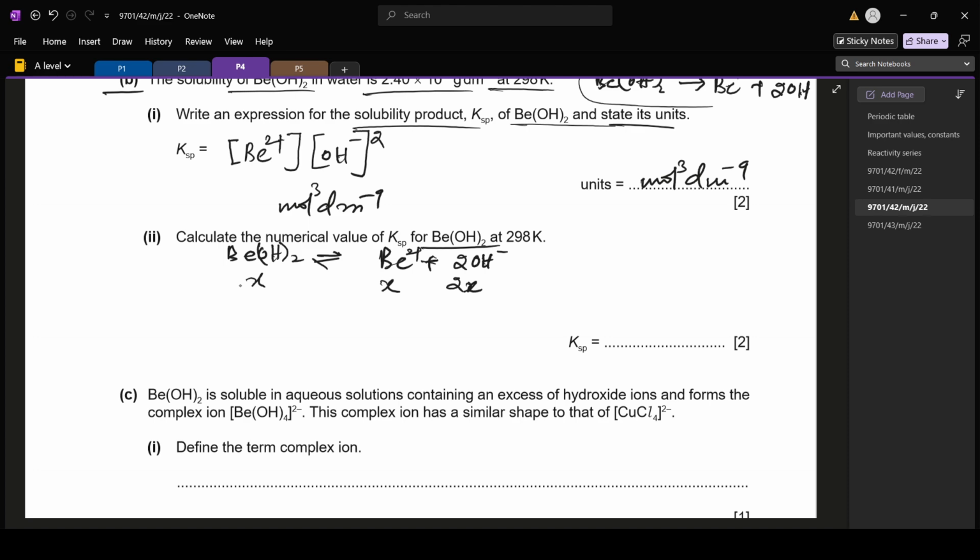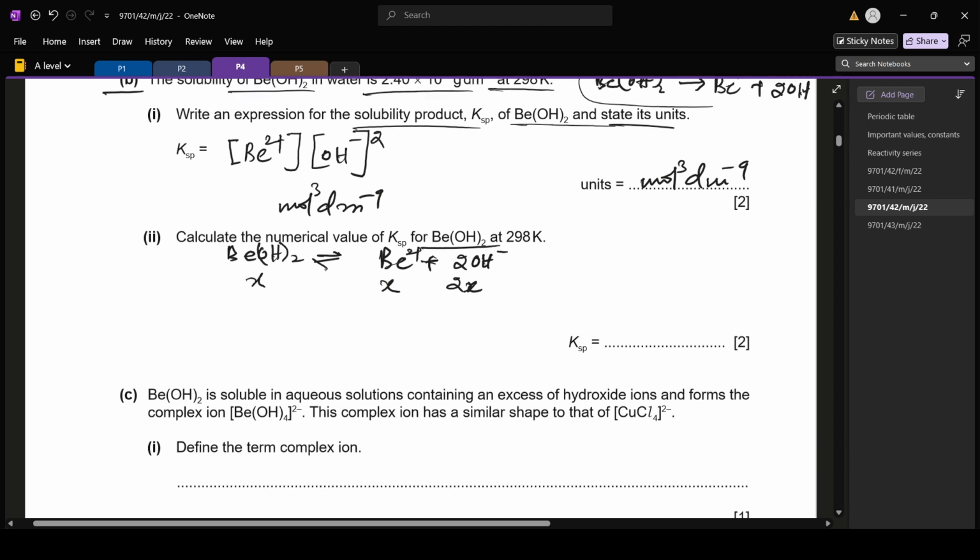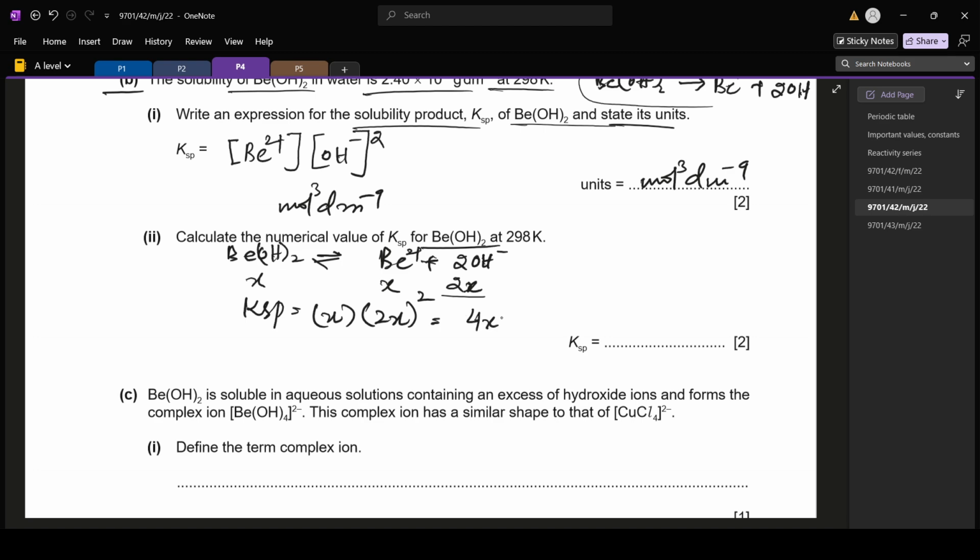Now if the concentration of barium 2 plus ions is X, the concentration of OH is 2x. So Ksp is equal to X times 2x, where X is the concentration of barium ions and 2x is the concentration of OH ions, squared, so it will be 4x cubed. You understand that?